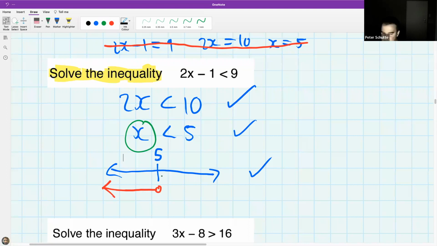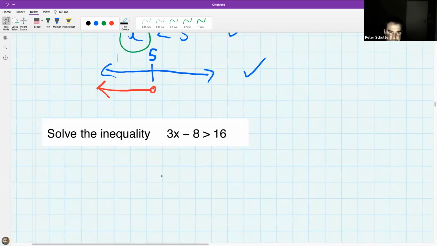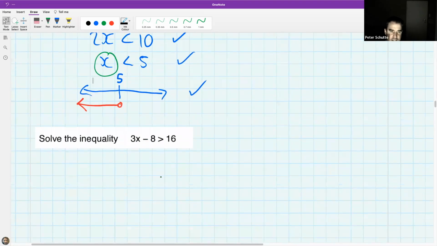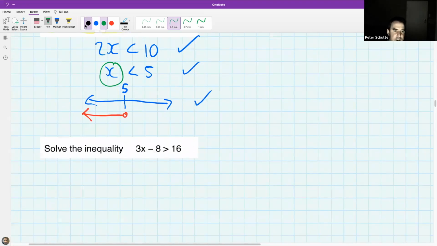Okay. So I'll do another example for you. Let's say solve the inequality 3x minus 8 is greater than 16. I'm going to add 8 to both sides, and if I do that, I'm going to get 24.